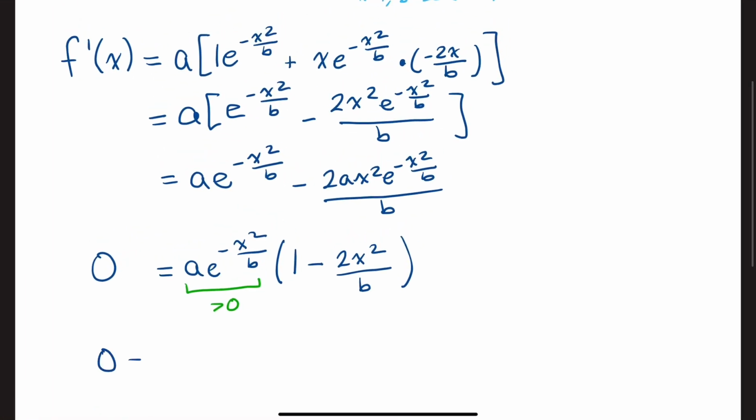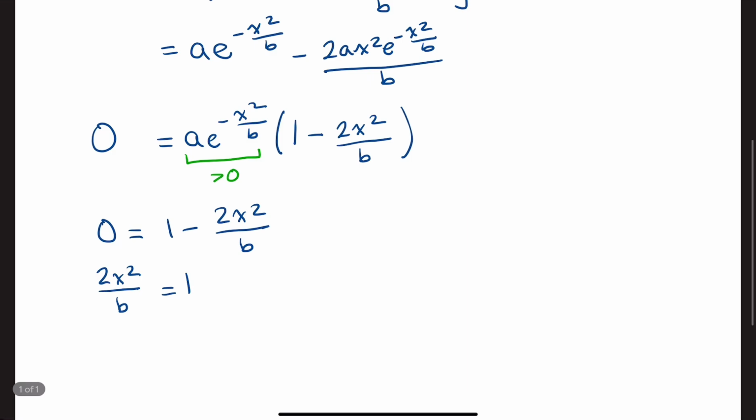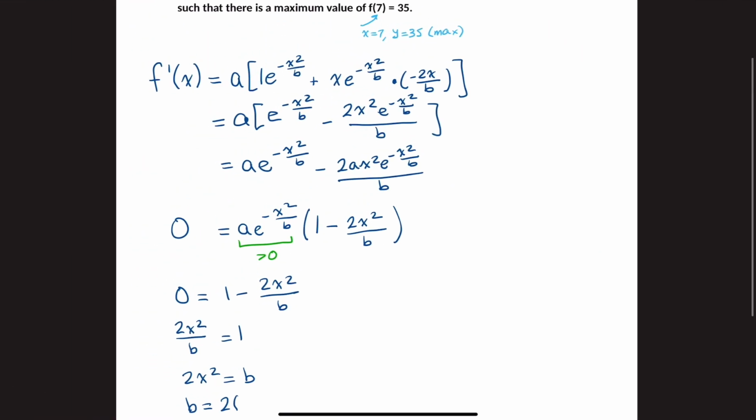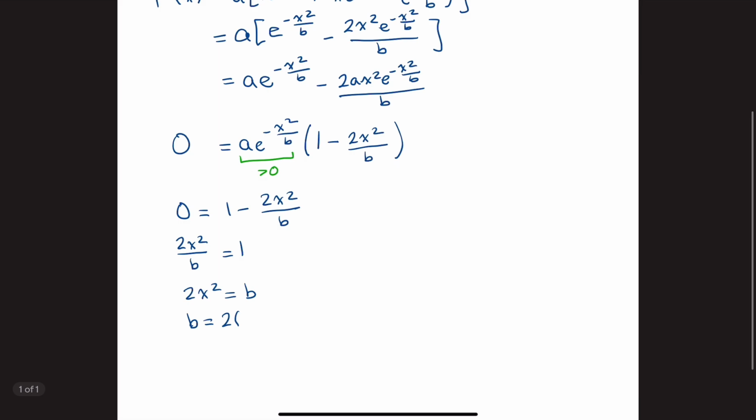So we can say 0 is equal to 1 minus 2x squared over b. And then I can move the 2x squared over b to the other side. I can now go ahead and cross multiply. And so b is equal to 2 multiplied by our x value, which was given as 7, and that is going to be squared.